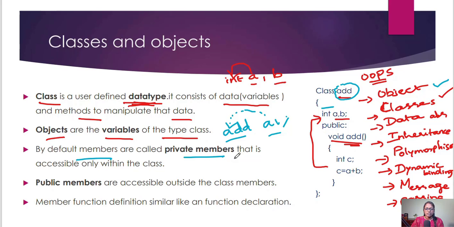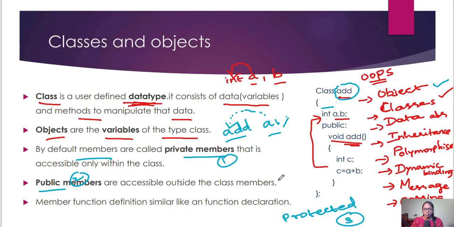In a class there are three access specifiers: one private member, two public member, and three protected members. Whenever you are declaring a, b inside the class, the variables are called data members. If you are doing any manipulation or any function, that is called a member function.